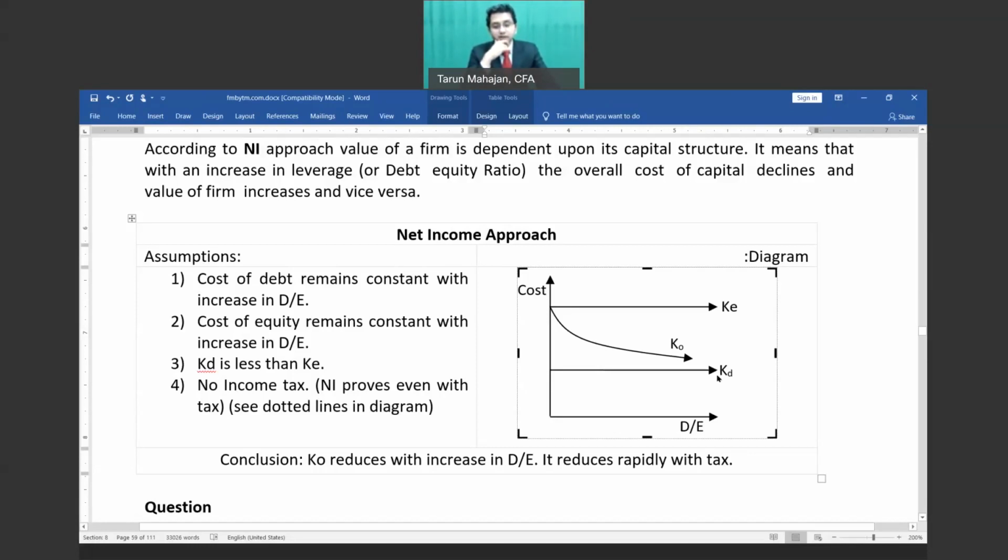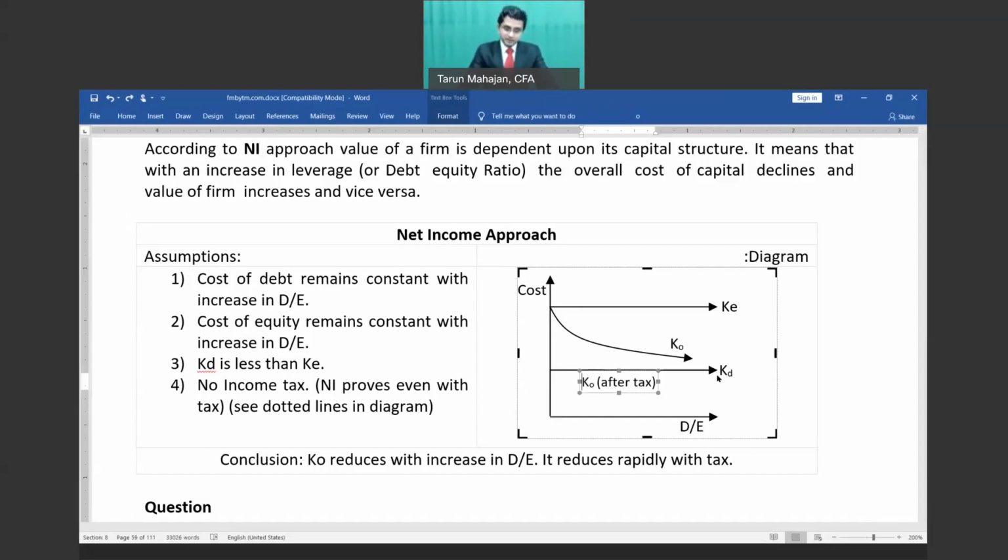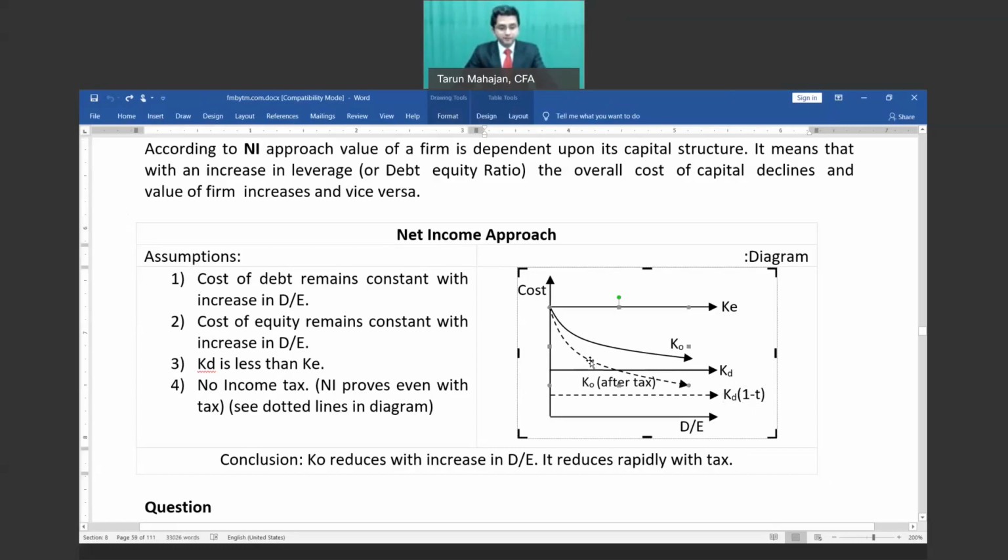Here we have assumed that there is no income tax, but if we apply income tax, then the situation will change further. How does it change? I'll tell you. See here, if I say that there is income tax, then this cost of debt line will shift further down, because KD after tax will be less than the KD itself.